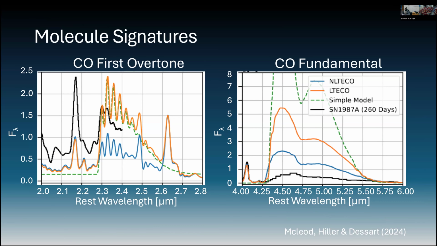These molecules, typically those of carbon and silicon monoxide, form within the ejecta and act as coolants, reducing the temperature of the ejecta to below the dust condensation point, allowing for dust to actually form within the ejecta itself. In addition, these molecules act as nucleation points, facilitating the formation of new dust.